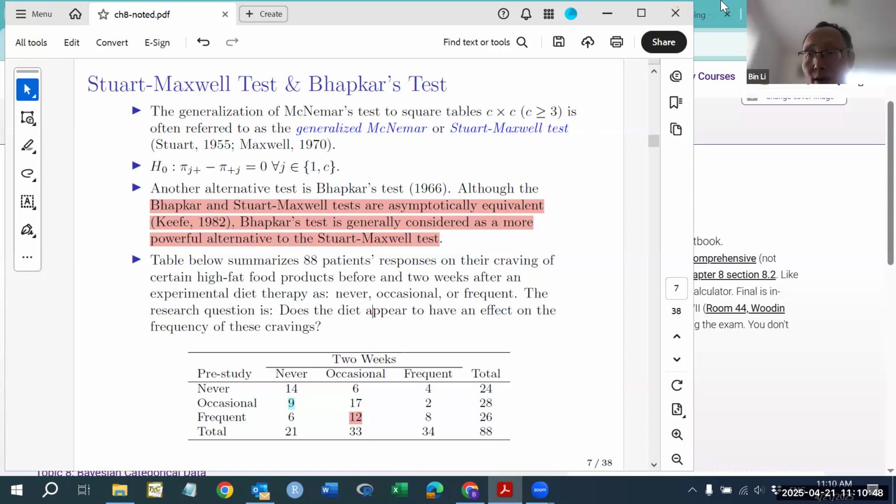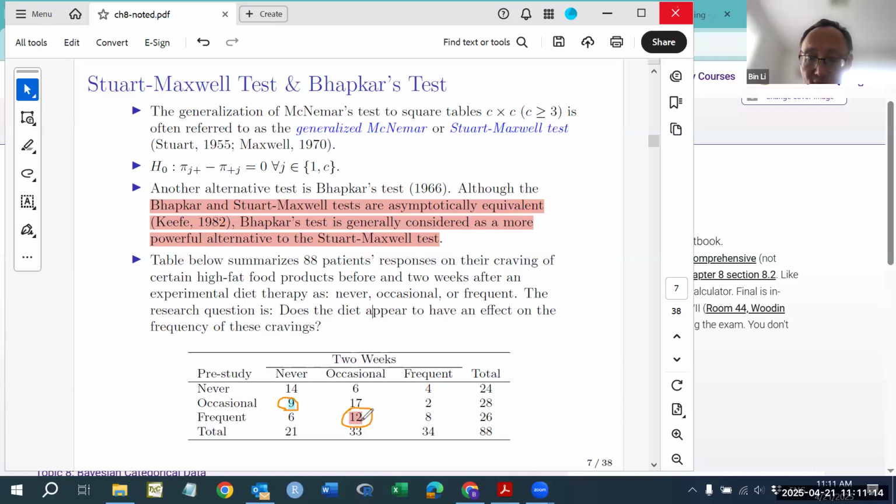Okay, so here in this study, I highlighted two cells. One of the cells is this one, and one is this one. I just want to show you that for these two cells, there are some signs of significant switching.